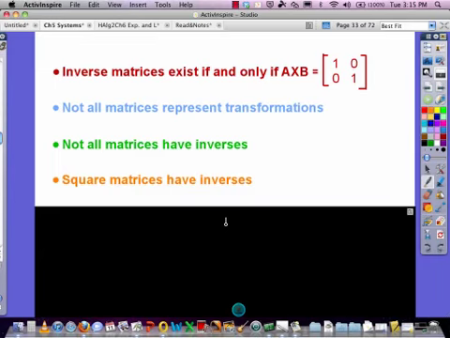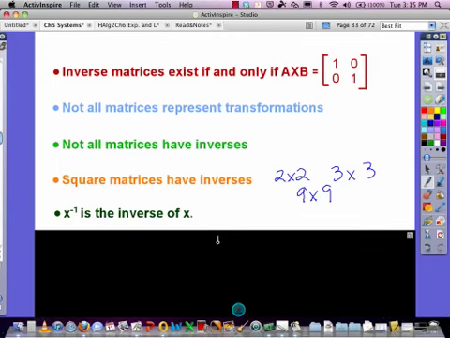Next one, square matrices have inverses. When we talk about square matrices, if you remember our definition, a 2 by 2 was square, a 3 by 3, a 9 by 9. Basically the length and width, or row and column combination in our dimensions, have to match. So your number of rows has to match your number of columns.